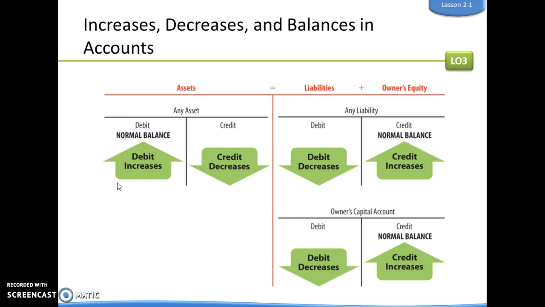You can put an arrow. You can put however you can relate to it, so you know what it means. Normal balance needs to go under debit for assets, credit for liability, and owner's capital. So basically, the increase side is the normal balance side.